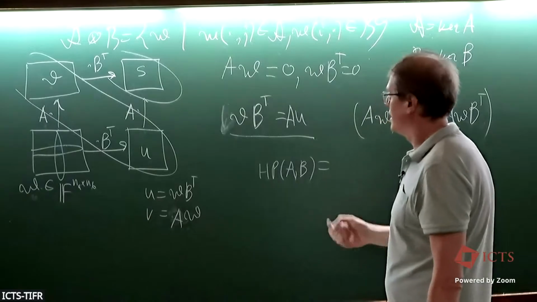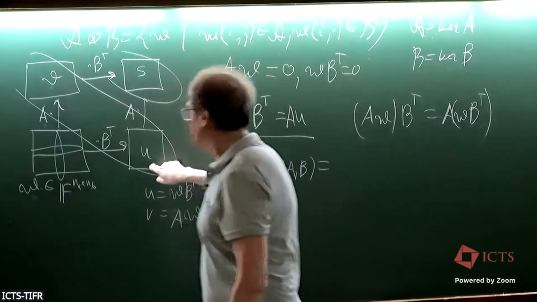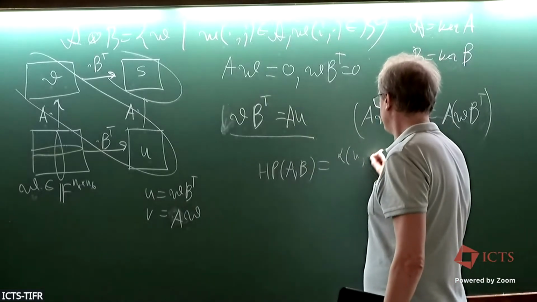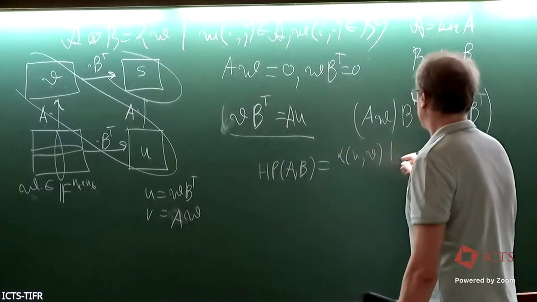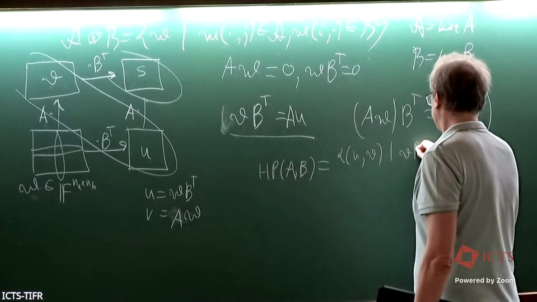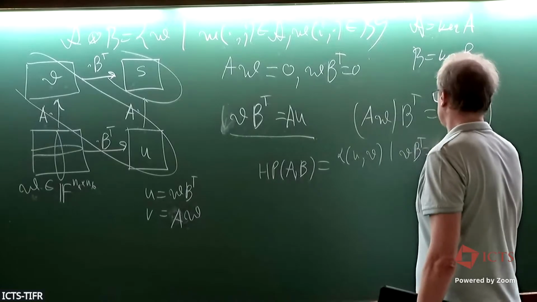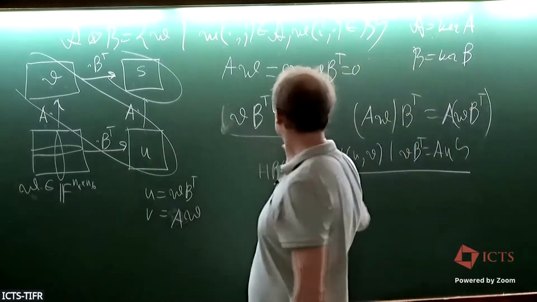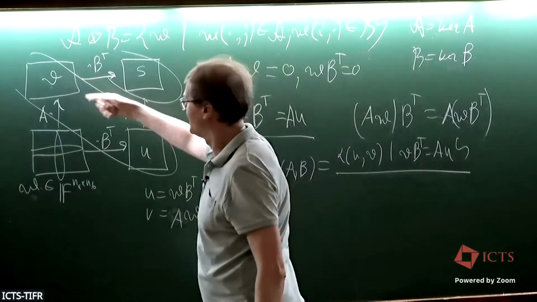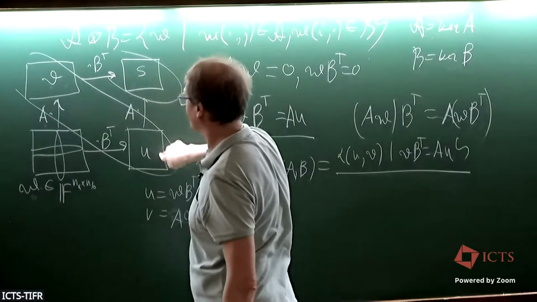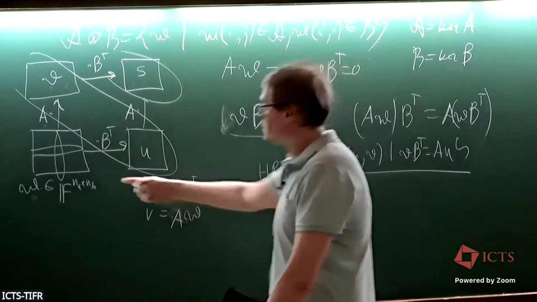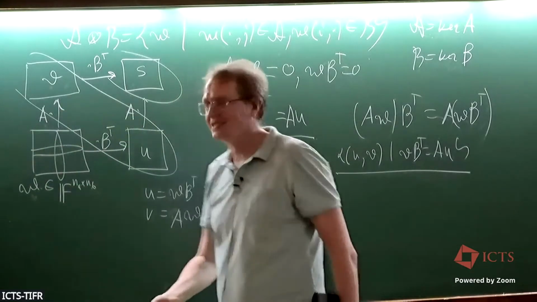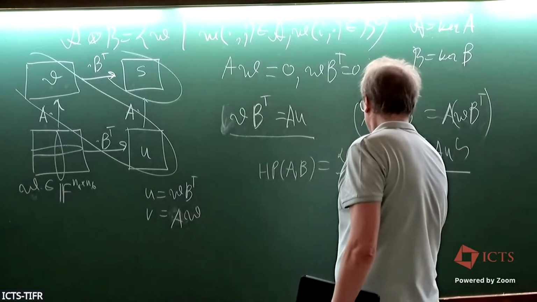So we have syndromes that should satisfy this condition. So we have pairs of syndromes that should satisfy. And we divide it. So this is our cycles. Cycles. These are syndromes that satisfy this condition. And our boundaries, these are all possible syndromes.